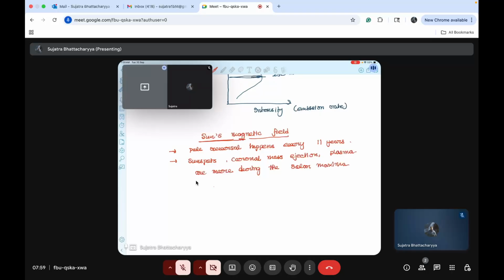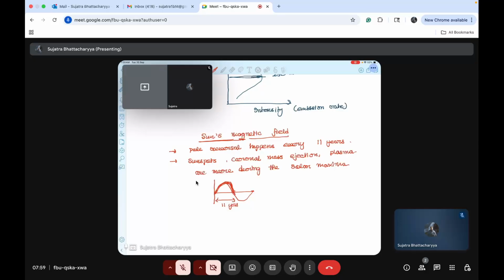So it's an 11-year cycle, as you can understand. This is how it works. So from 0 to again coming to 0 is about 11 years.